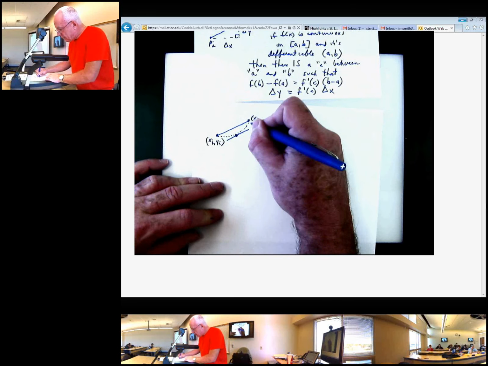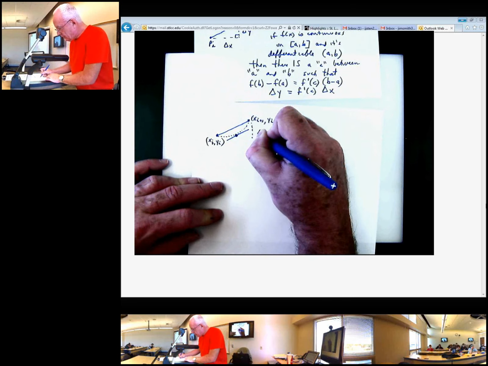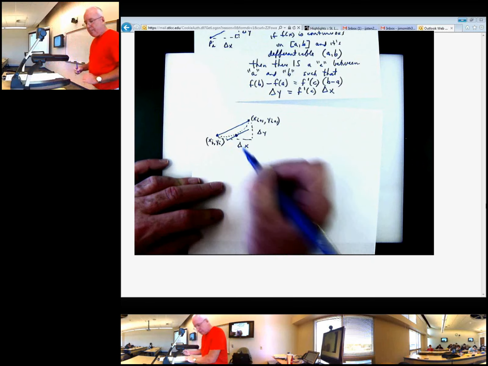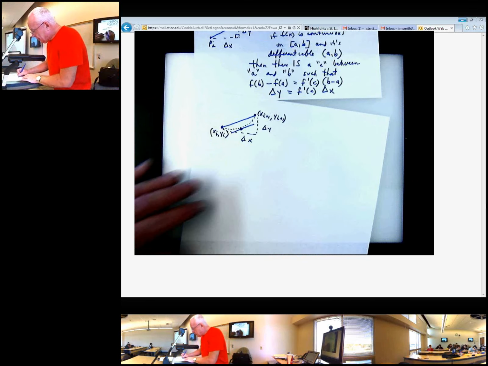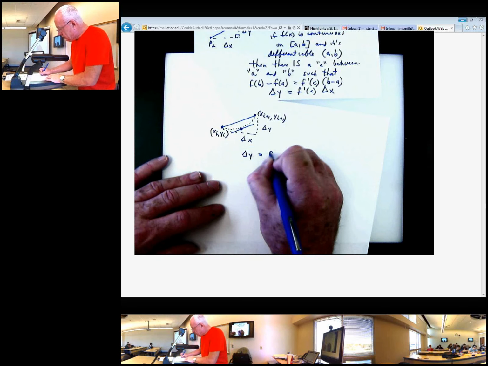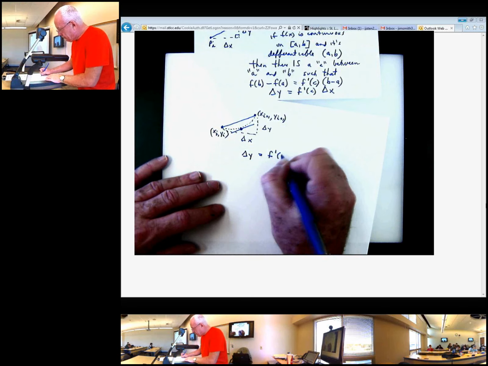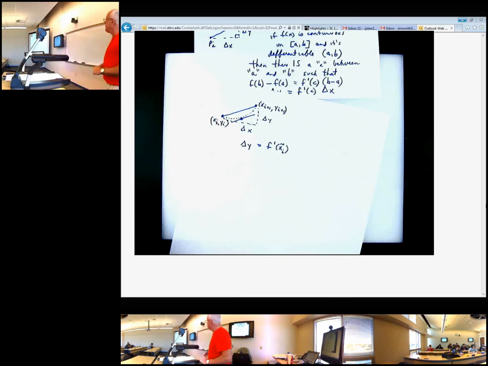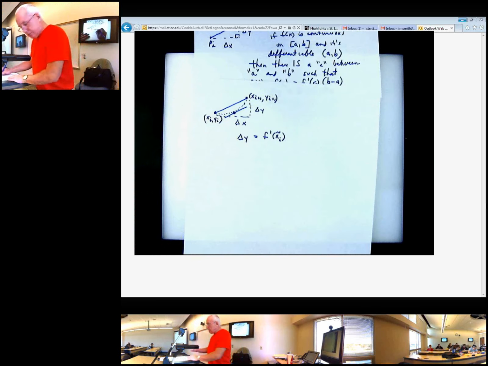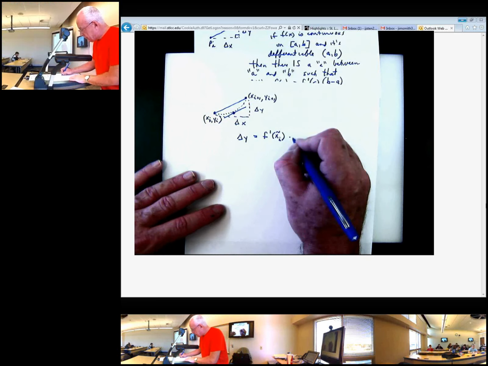So basically we have here our delta y, here is our delta x, and basically delta y is equal to this derivative value, let's just call it something like this, put a little tilde over the x, times the delta x.